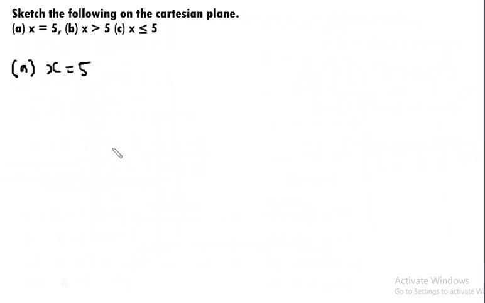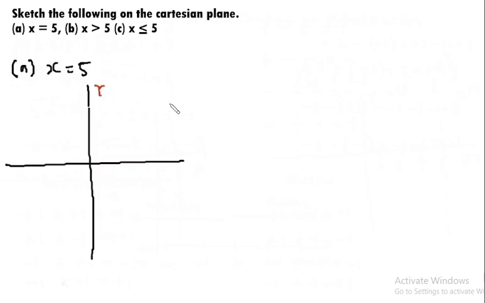The Cartesian plane is normally drawn as something like this. Then you have your y-axis and an x-axis. There's a coordinate for the y-axis. So this is 1, 2, 3, 4.